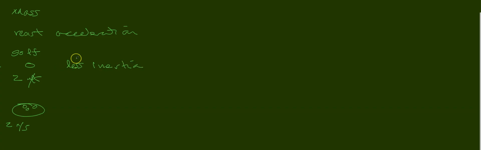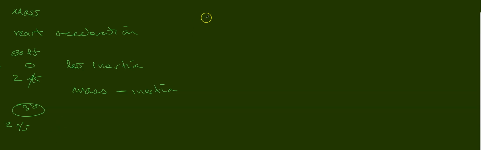So there is a relationship between mass and inertia, and this is one way to define mass with respect to its inertia. It's the property of an object that specifies how much resistance it shows to change its velocity.